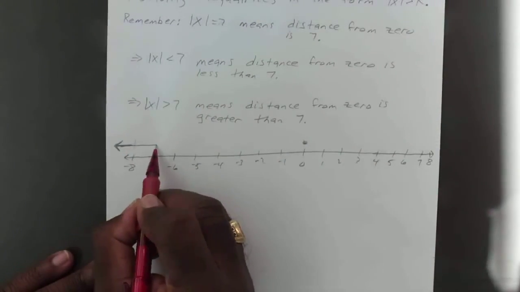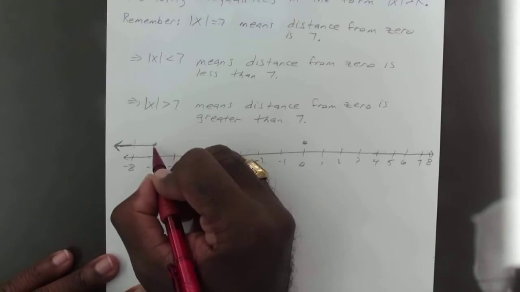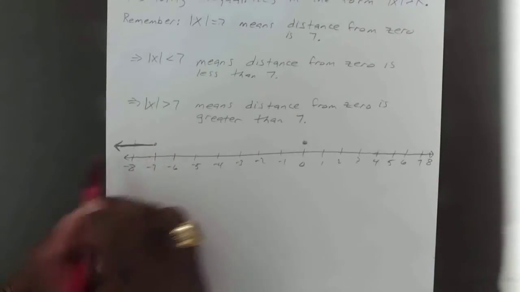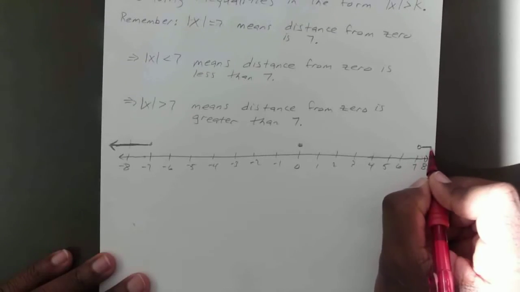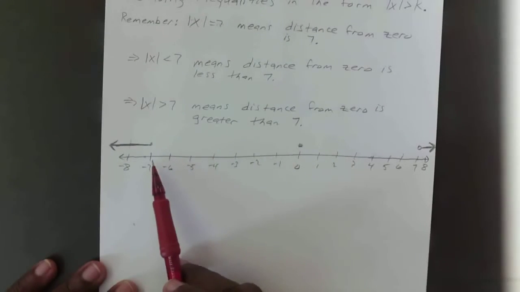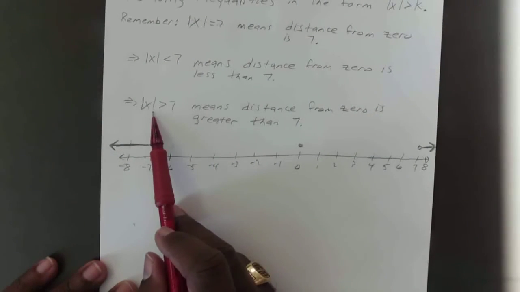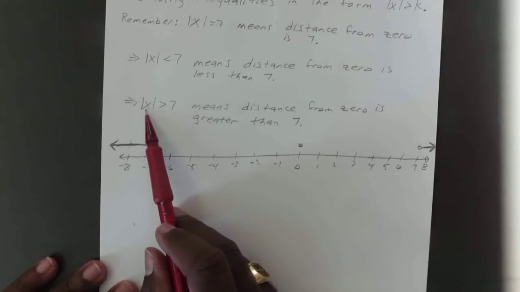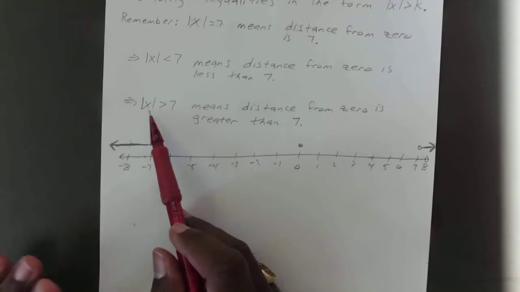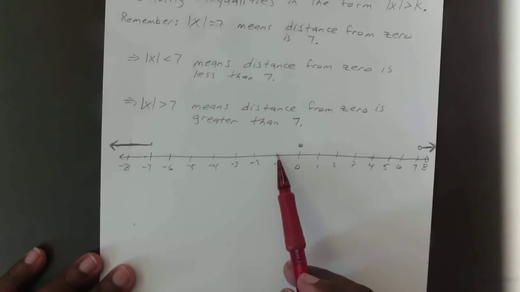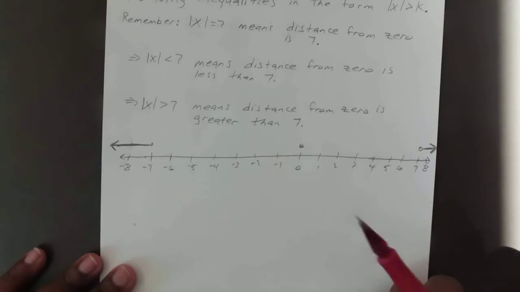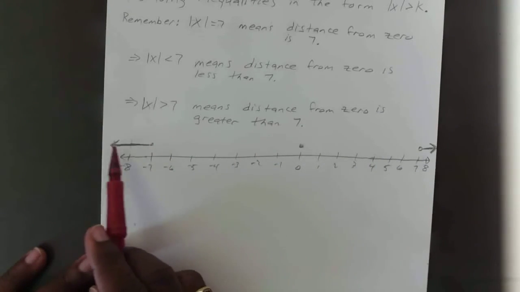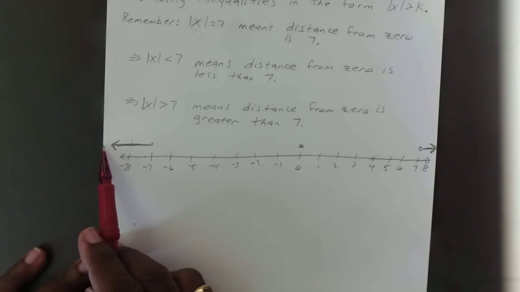Everything here would make this true. If you plugged in -6, the absolute value is 6. That's not greater than 7. If you plugged in -1, absolute value of -1 is 1. That's not greater than 7. But if you plugged in everything past here, it would be true.